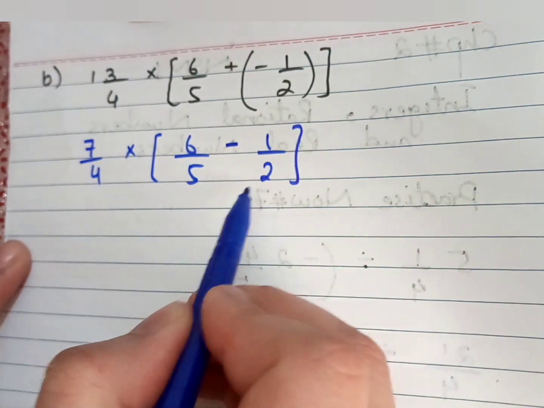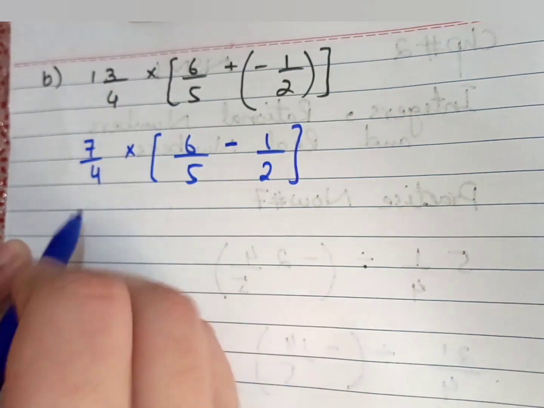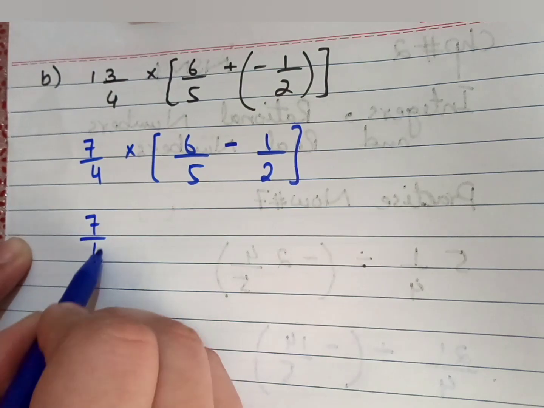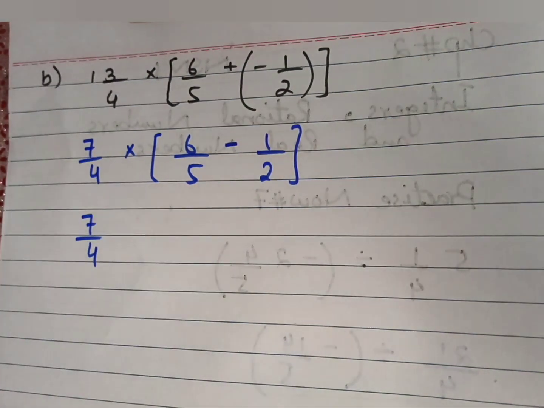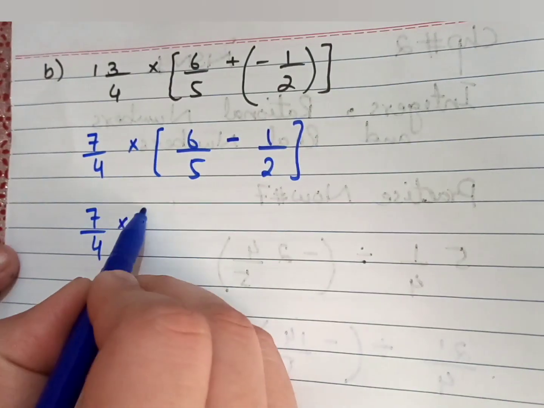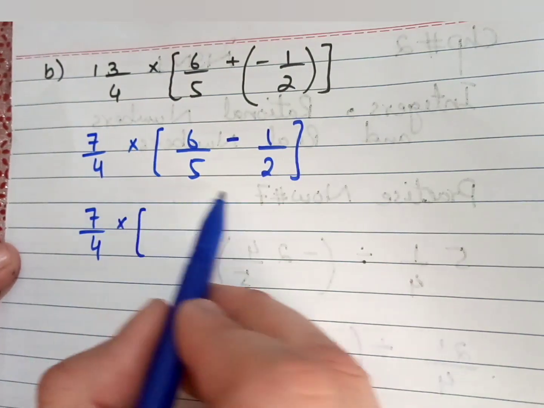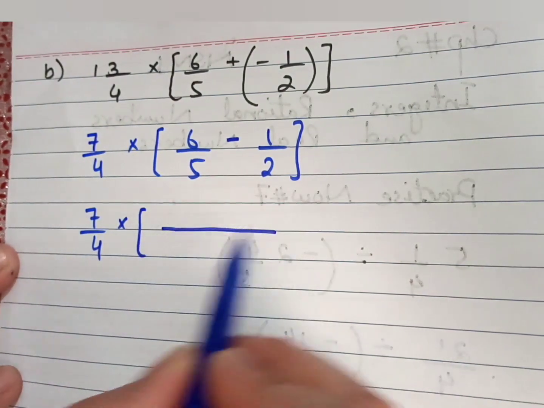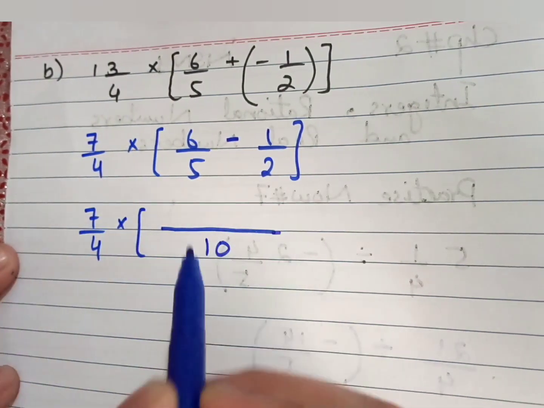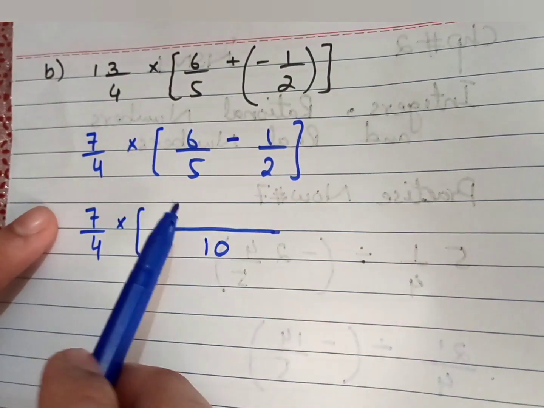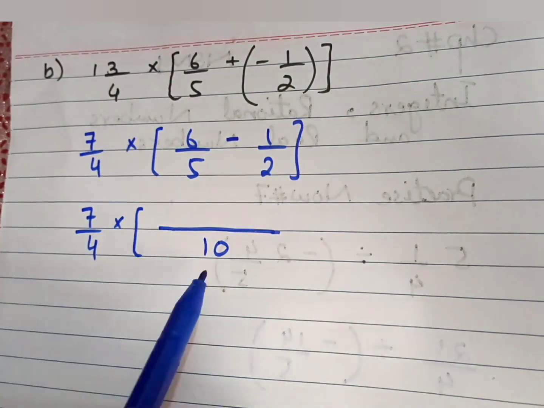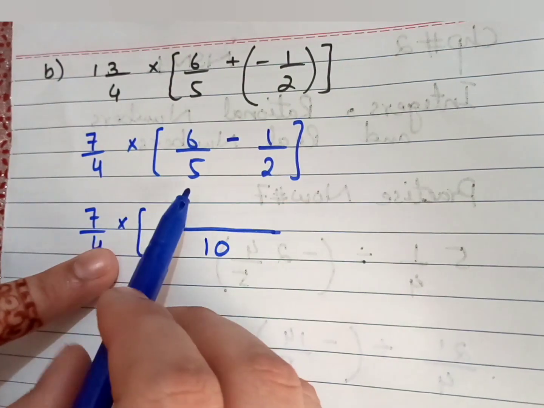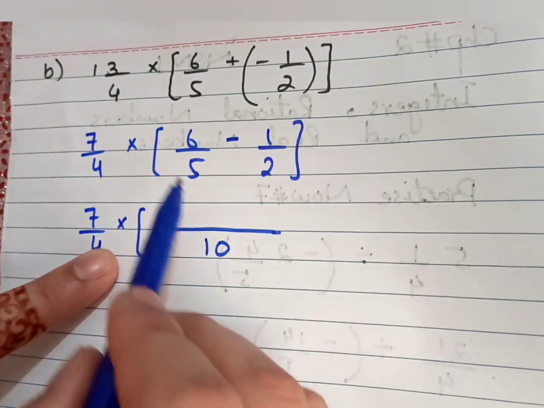In the next step, we will take the LCM of 5 and 2. 7 by 4. Now the LCM of 5 and 2 is 10. Now next step, make your denominator as well as your numerator equal to 10. When we multiply 5 with 2, 5 becomes 10.